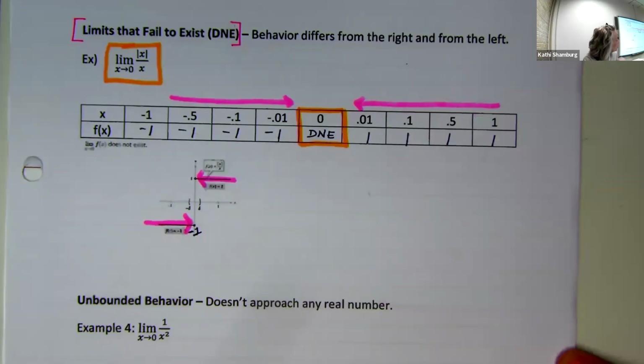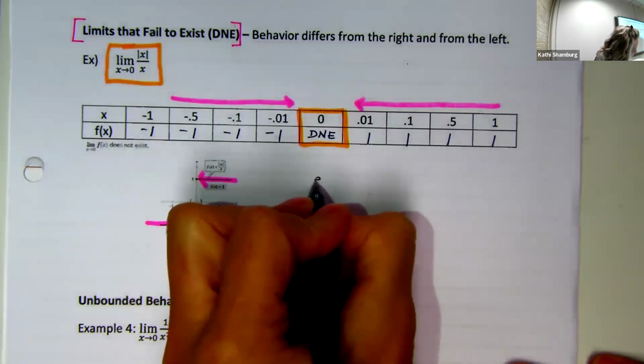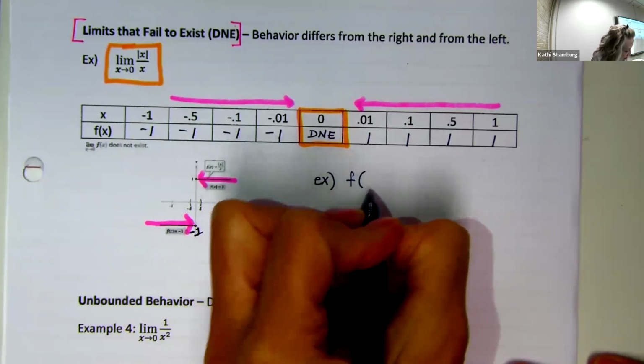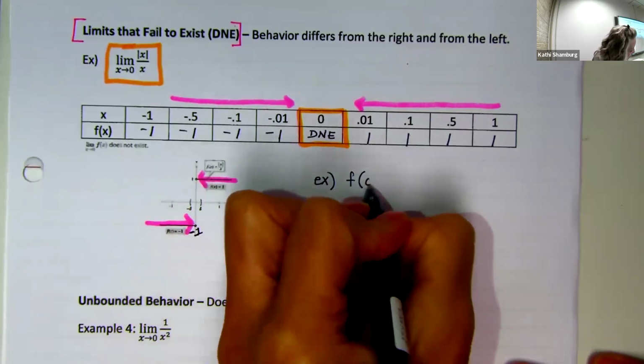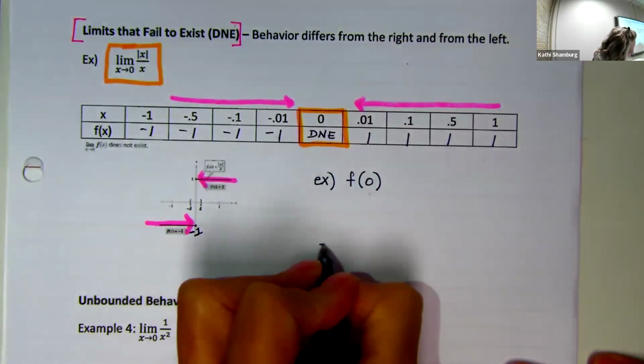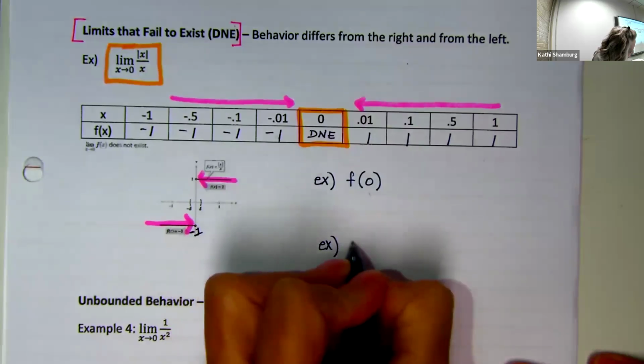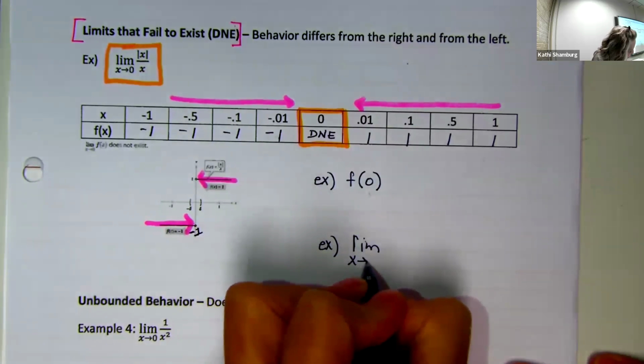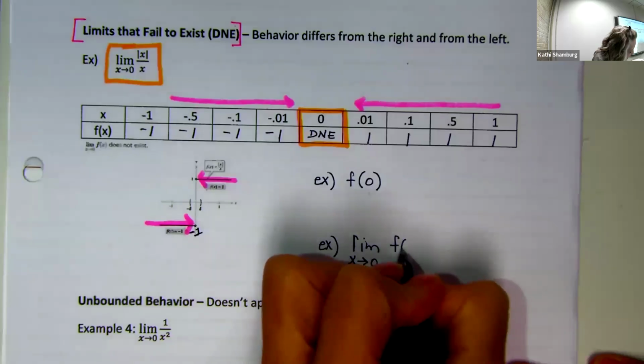All right, so some questions that you might be asked. There is a difference between the question of f at 0. That is a different question than the limit as x approaches 0 for that function.